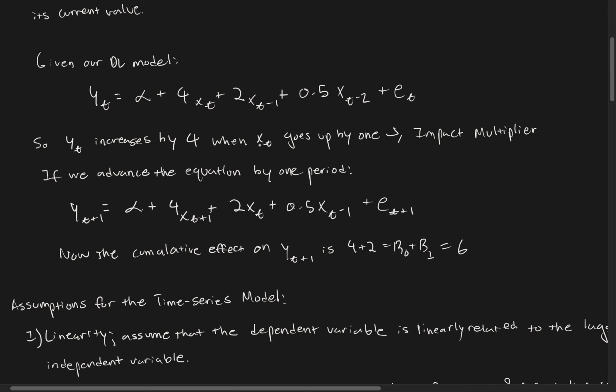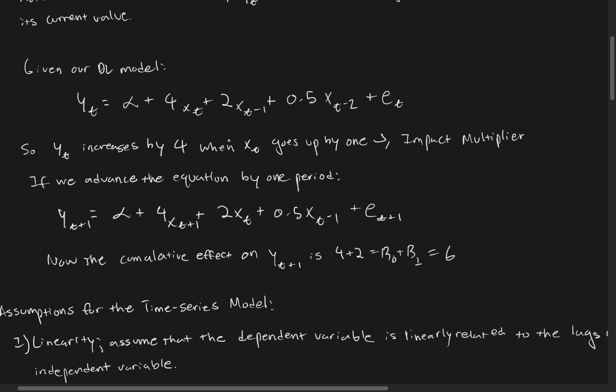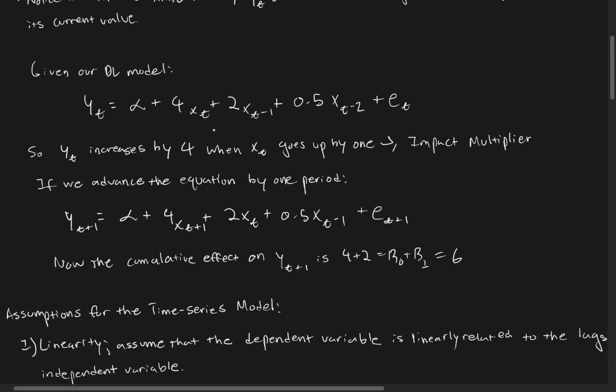Given this function, we can say that the output increases by 4 when the current value of x goes up by 1, and that's what we call the impact multiplier, because we only consider the current values of the x.